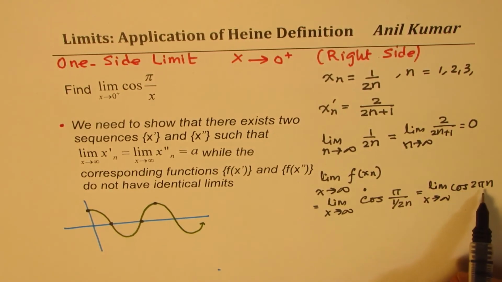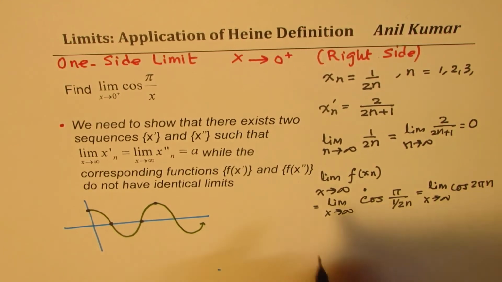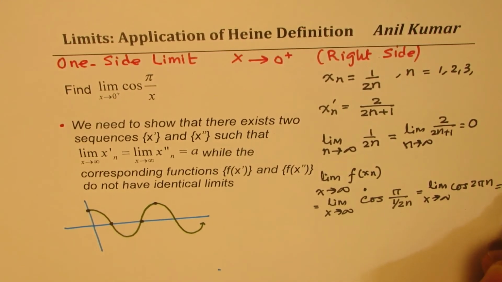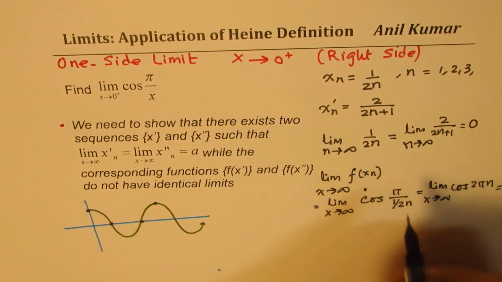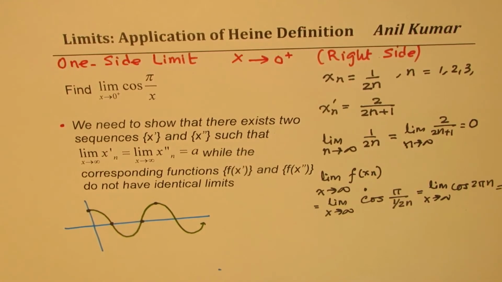Now for 2 pi n, we know the value of cos is always 1. So this limit is equal to 1, correct? So for us, the limit for the first sequence is 1, correct?